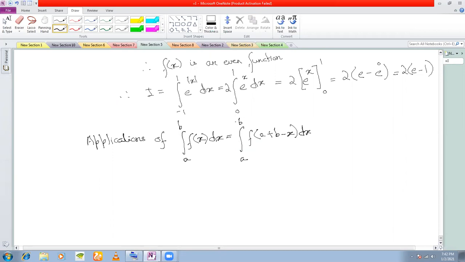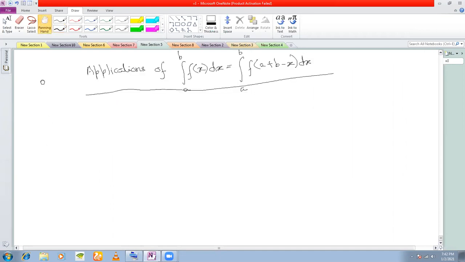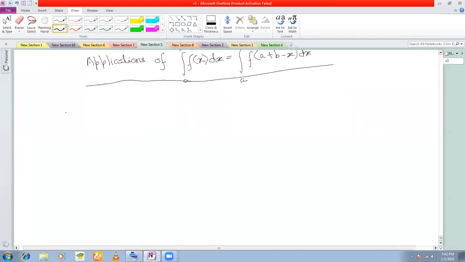Application of this is the last standard integral that I mentioned about, if you remember, when I was giving the properties. So let us see one application. There are not many applications of this, but let us see one trigonometric and one algebraic. Okay, so let us see the first problem here.